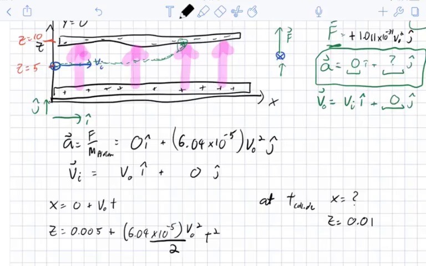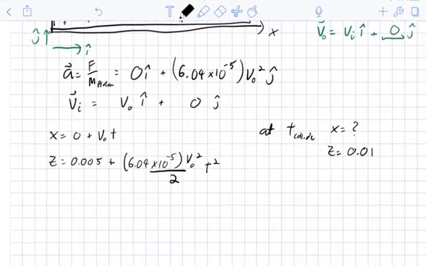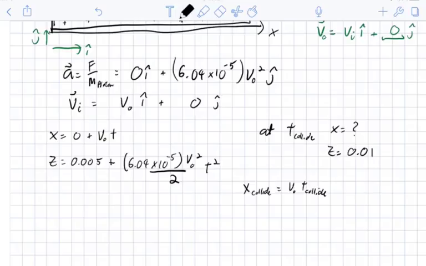Okay, so let's put that together. X collide is equal to v naught t collide, and z collide is 0.01, which is equal to 0.005 plus 6.04 times 10 to the minus 5 v naught squared t collide squared divided by 2.